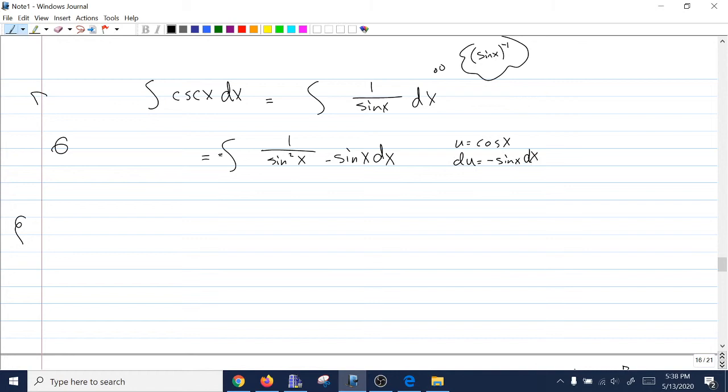The negative I can deal with, but this needs to be cosines here. So it's going to be negative integral. Change that sine squared to 1 minus cosine squared. So now my new integral is negative integral 1 over 1 minus u squared du.